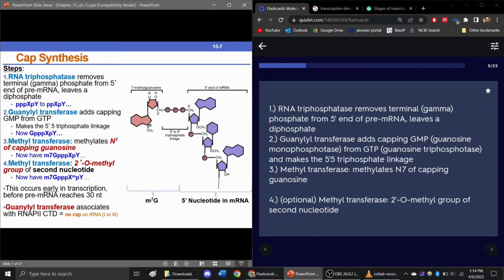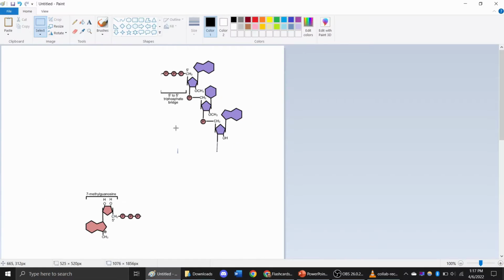When the 5' end of your mRNA is being excreted out of the polymerase, there are 3 phosphates on the end. That's just how the end of RNA tends to be. This triphosphatase enzyme is going to come in and cut off the 3rd one on the tip.